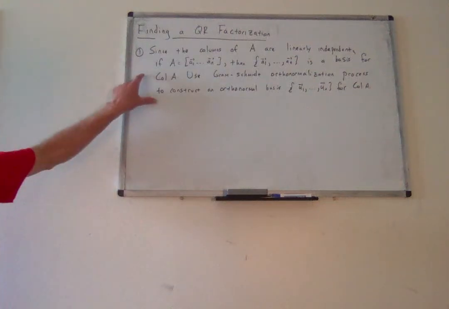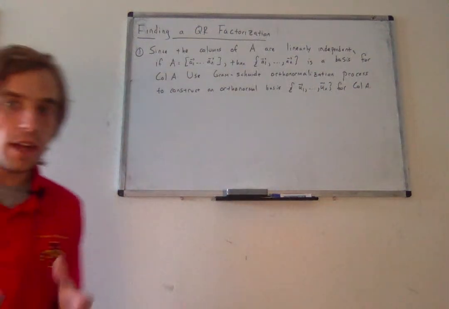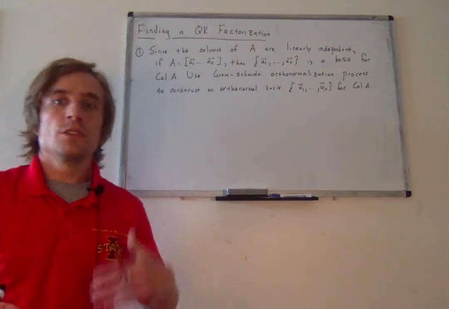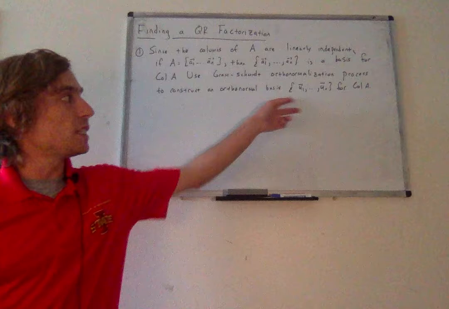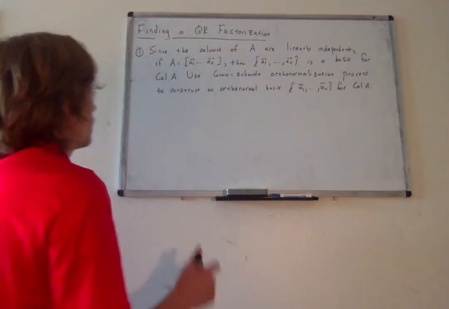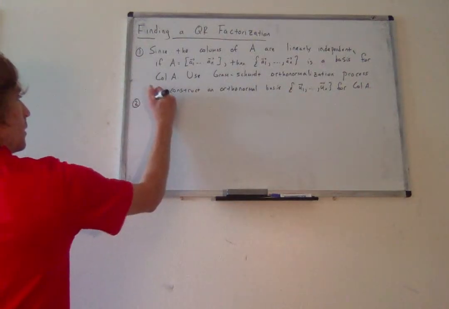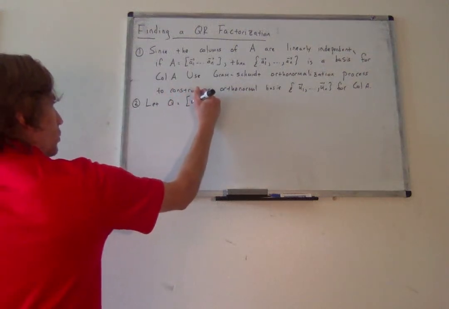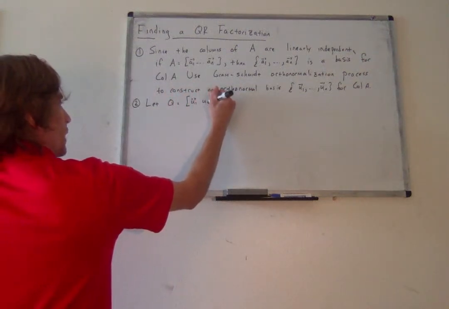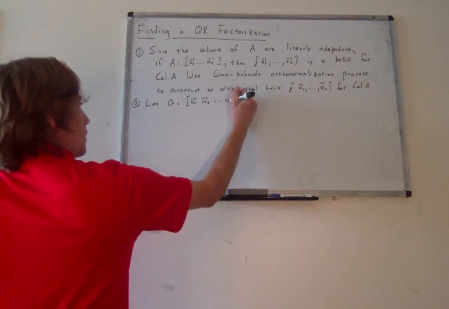And this line here is exactly what we just did in the last example. You've got a set of vectors. You use Gram-Schmidt to find an orthogonal basis. Then you normalize each vector to find an orthonormal basis. And that's just going to be our matrix Q, the matrix whose columns we found in this way.